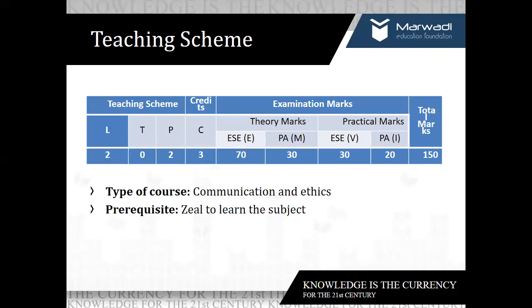Okay, fine. Next is credit. It is a 3 credit subject. So for you, it is very important to understand what we mean by credits, because your entire teaching learning would be based on credit system.